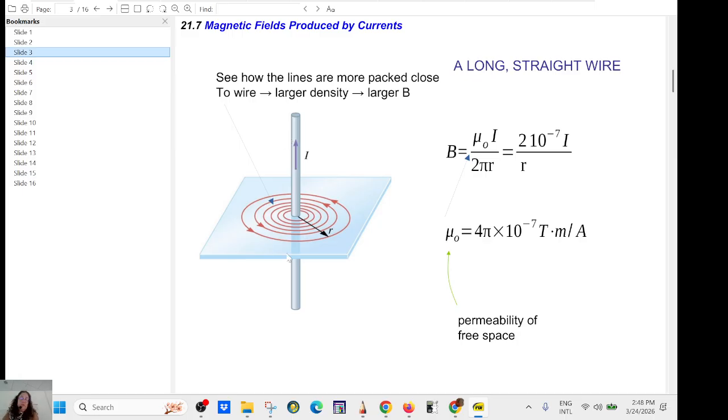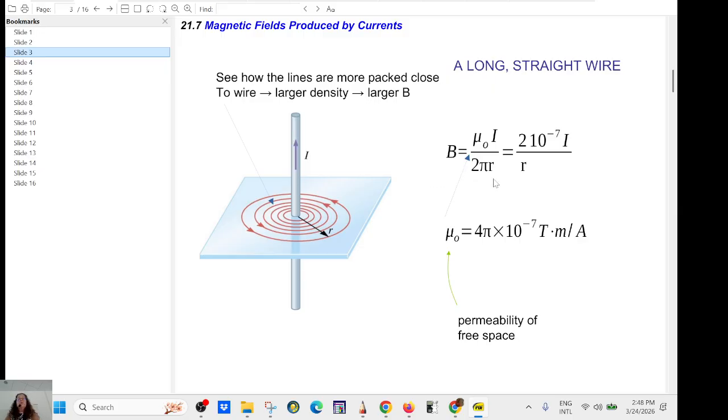But if it's a straight wire, it's pretty straightforward, and that will be the equation for that. I'm introducing here a new constant, mu0, which is 4 pi times 10 to the negative 7. So that will be the equation for the magnetic field produced by a straight current carrying wire.